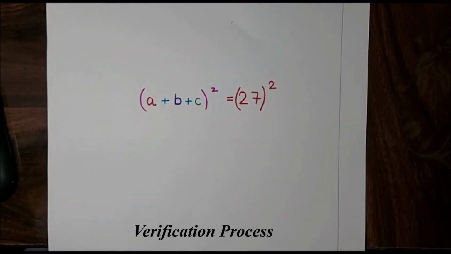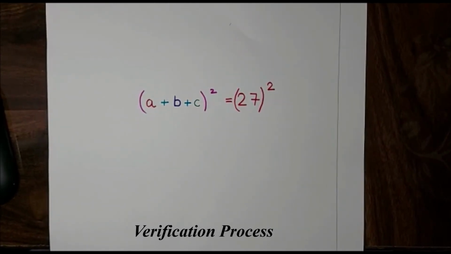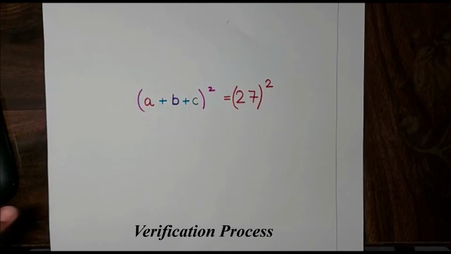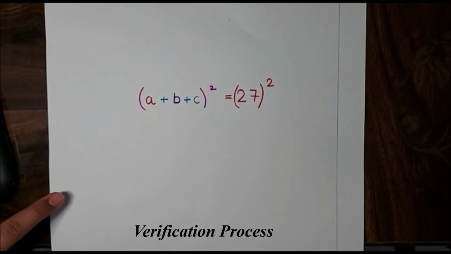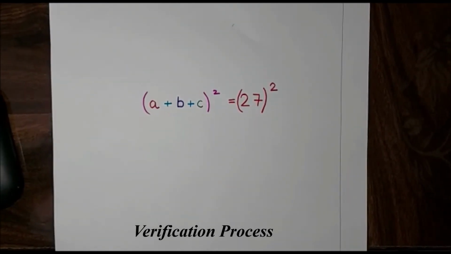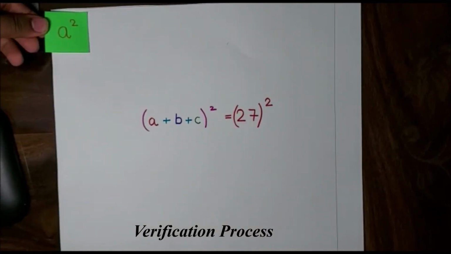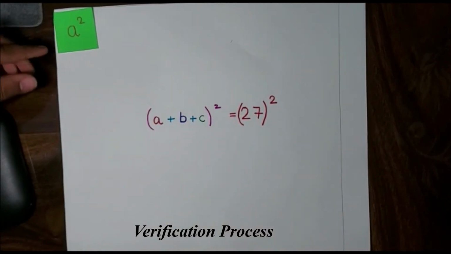Now the verification part is as follows. First take the square cutout representing (a + b + c) whole square. Now we are taking a square and placing it on the square cutout.